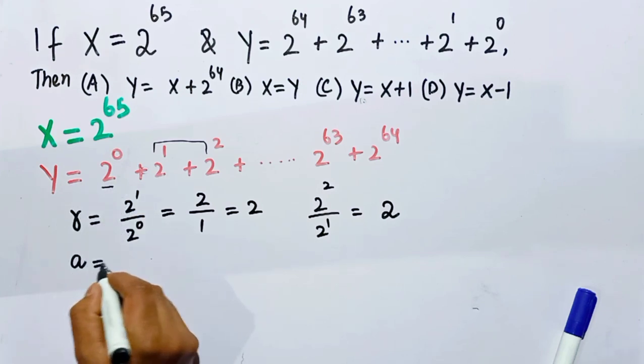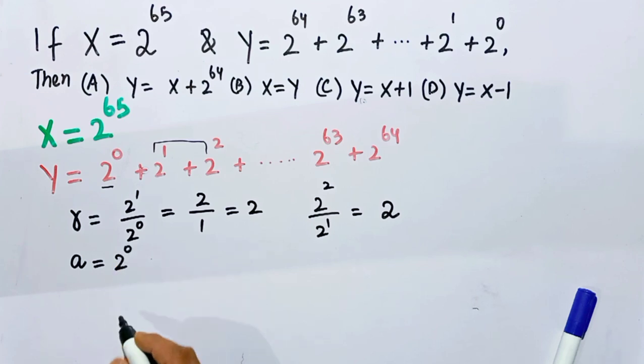The first term is a equal to 2 to the power 0, and the common ratio is r.